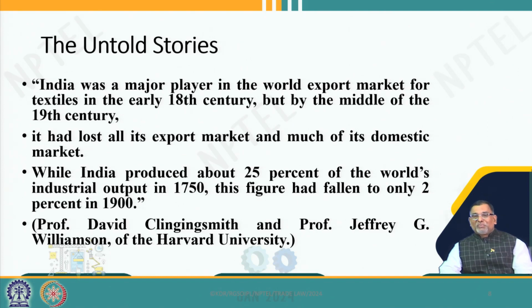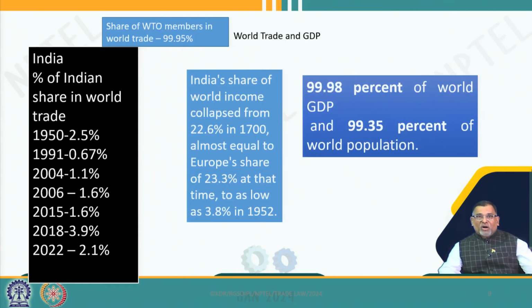It was 2.5% in 1950, and it went down again during the entire period up to 2015, and only after 2015 can you see the number go up. So, it shows that international trade has a great influence on countries becoming rich and poor. We have already seen this particular data.